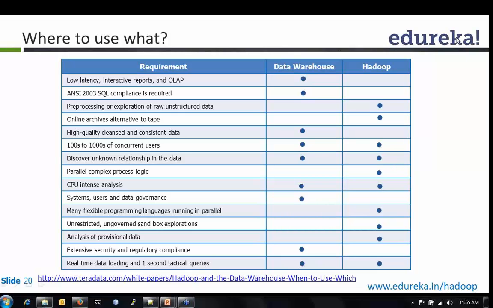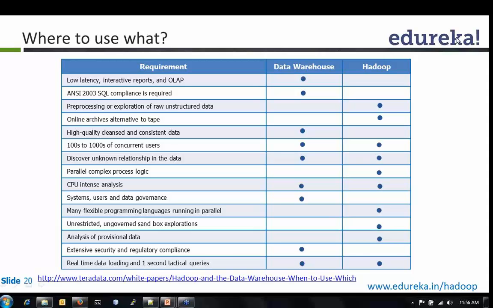If you have a proper ANSI SQL compliance requirement, then data warehousing solutions fit the bill rather than Hadoop. Hadoop gives you the opportunity to interact with MapReduce using the Hive abstract interfaces, but it is not truly ANSI SQL standards compliant. It has its own way of interacting with Hadoop.